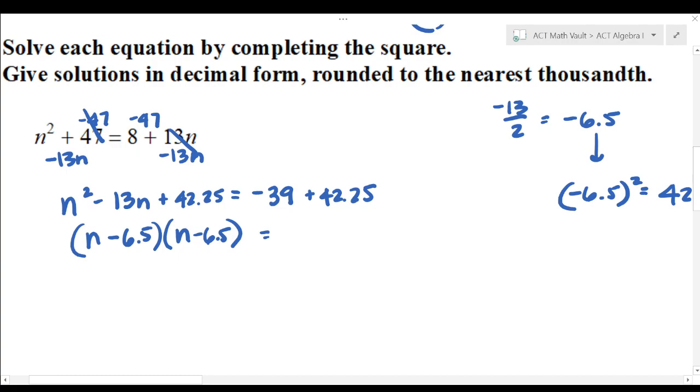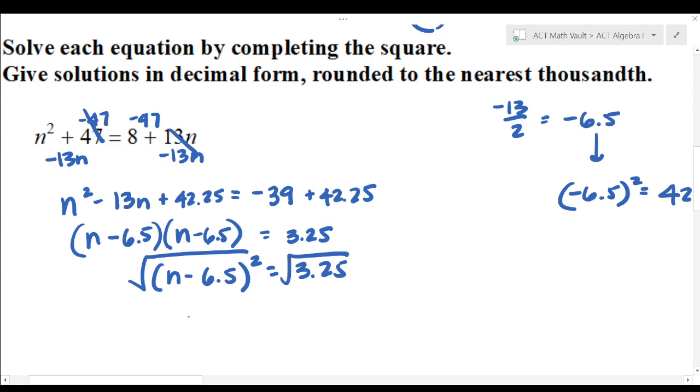And then 42.25 minus 39 is 3.25. Okay, so now I can use the square root method, which I like. And I'm going to square root both sides. And I'm going to get n minus 6.5 equals positive or negative, and then whatever that is.